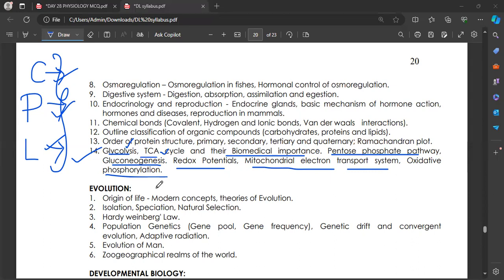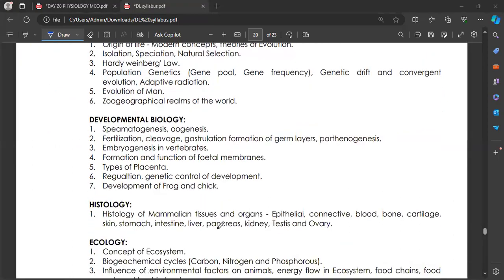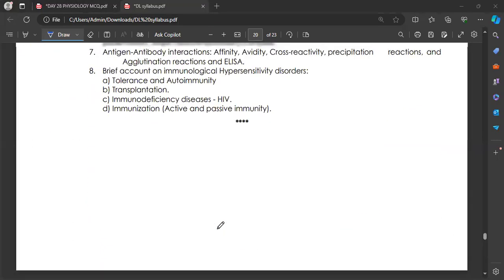Okay, fine. Are there any doubts? Based on the time, we'll see the next things like the mitochondrial electron transport chain. I think everything will be completed in tomorrow's class. Okay, anything else? After that, we'll start evolution, developmental biology and all.